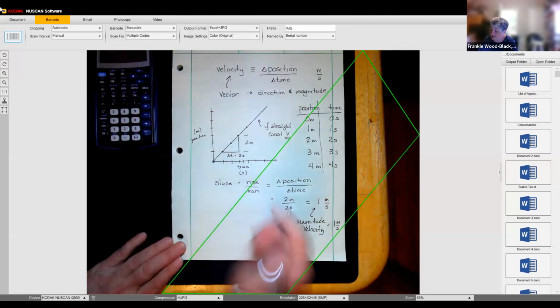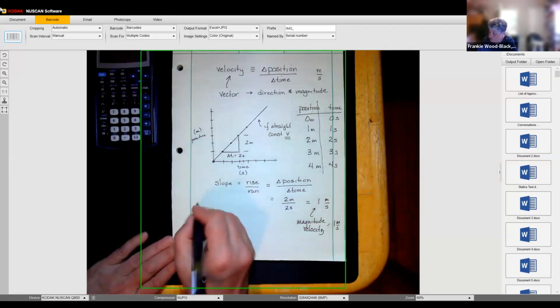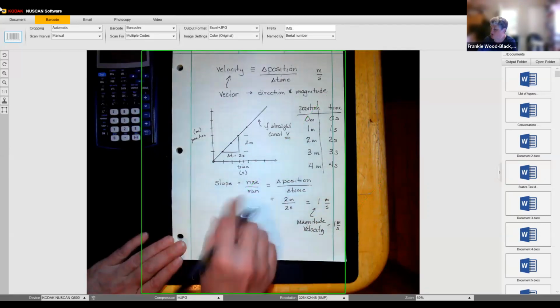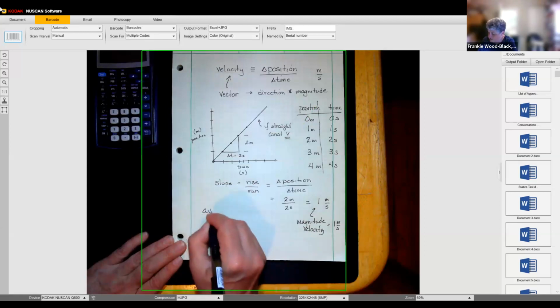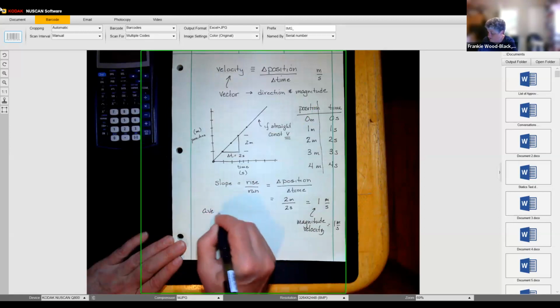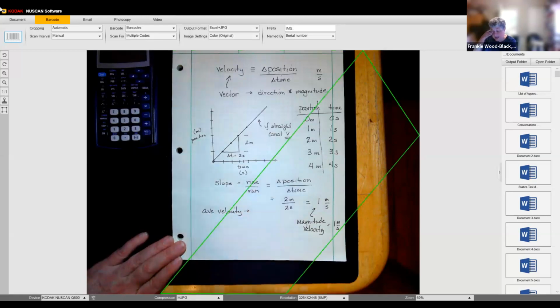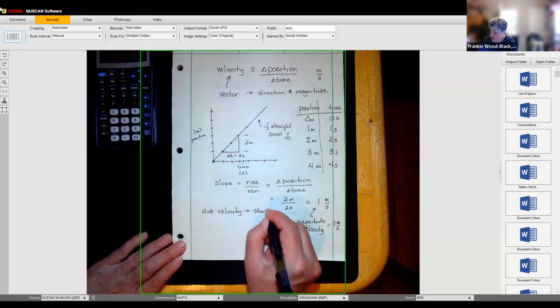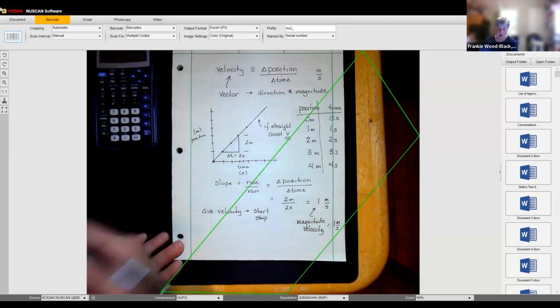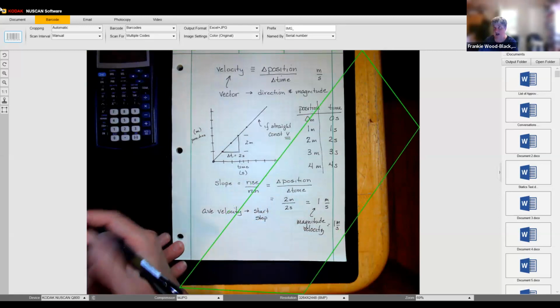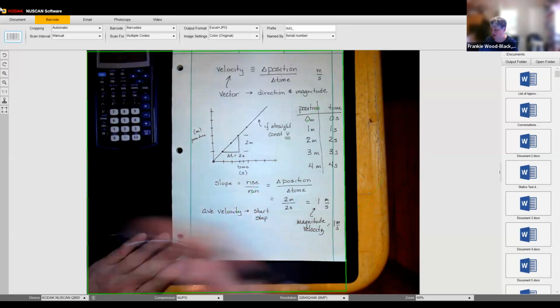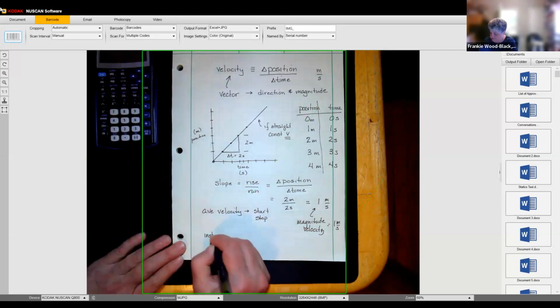This can also be considered an average velocity, because I'm looking at my start and my stop. But we all know that we can have something called an instantaneous velocity.